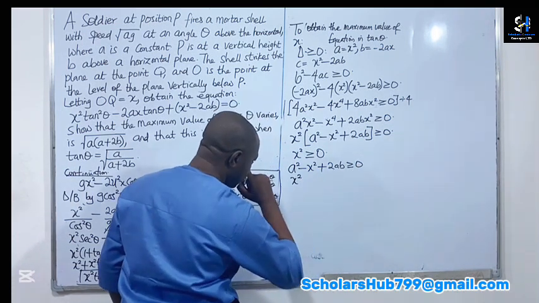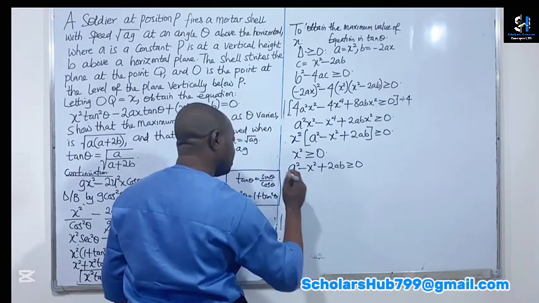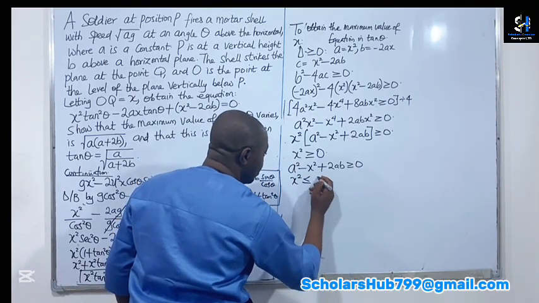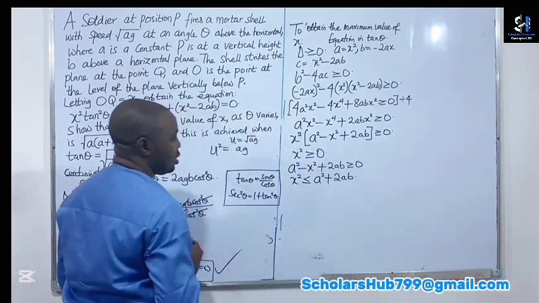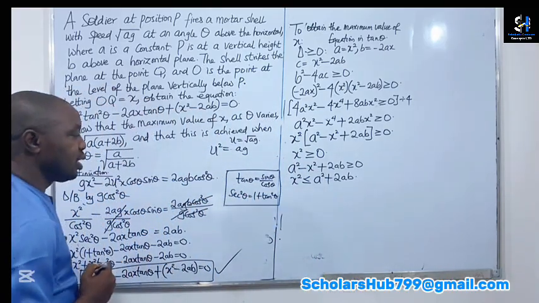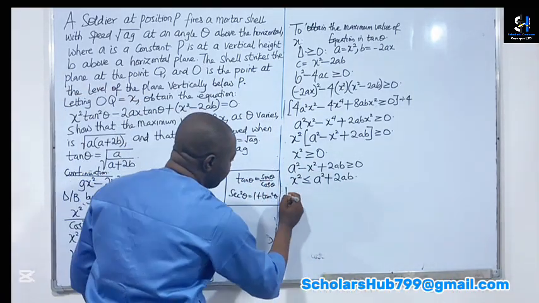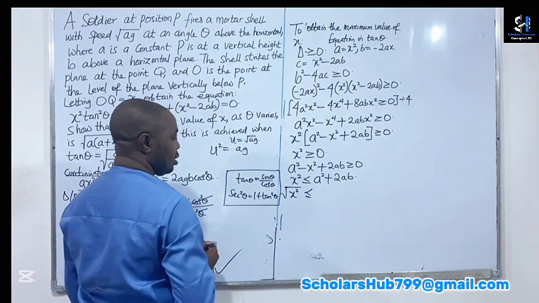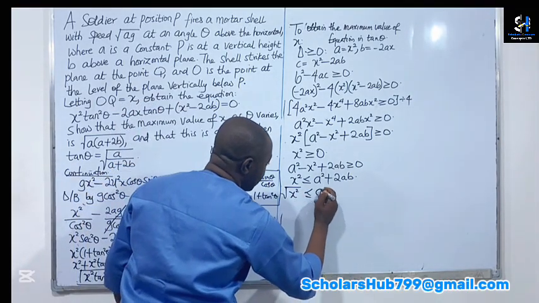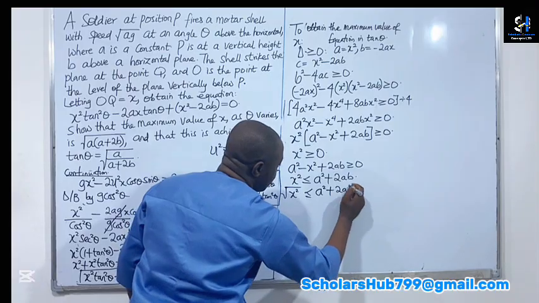If I move it to the other side, that will be less than or equal to a squared plus 2ab. Yes, a squared plus 2ab. So if you take the square root of both sides, the square root of x squared is less than or equal to a squared plus 2ab.